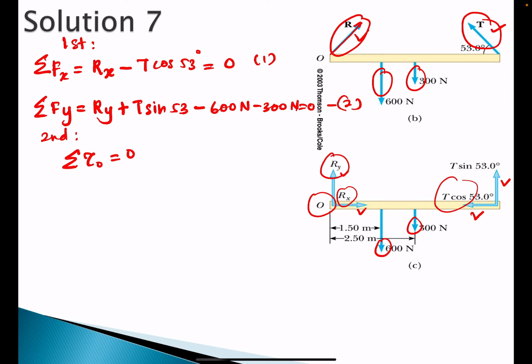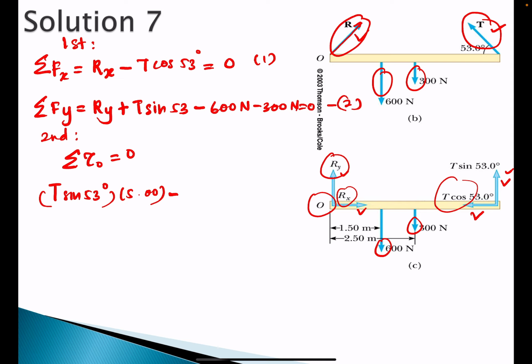For torque, T sine 53 degrees times the distance 5. Up to this point it's 5 meters.